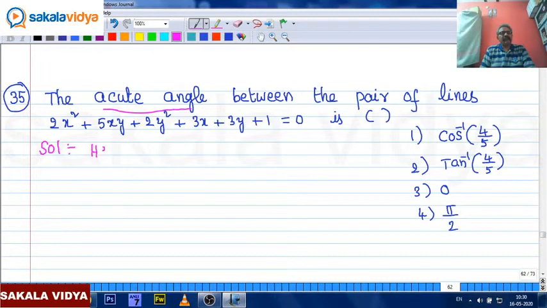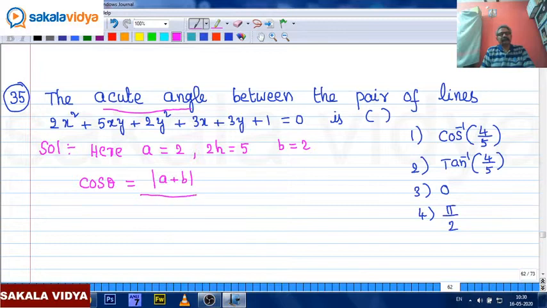That means here a value 2, 2h equals to 5 and b equals to 2. Other values are not required. You take cos theta or sin theta, no problem. Let us find out cos theta. What is the cos theta formula? Mod of a plus b by root of a minus b whole square plus 4h square.